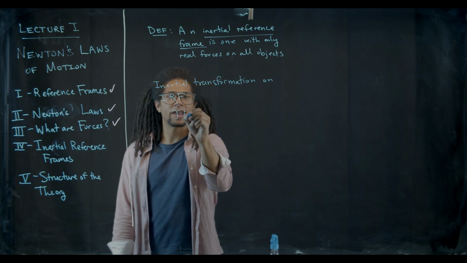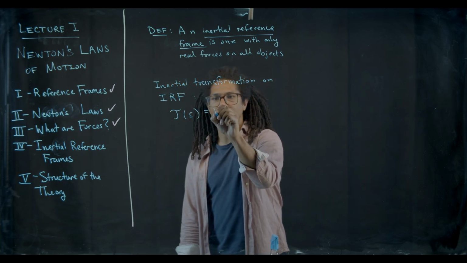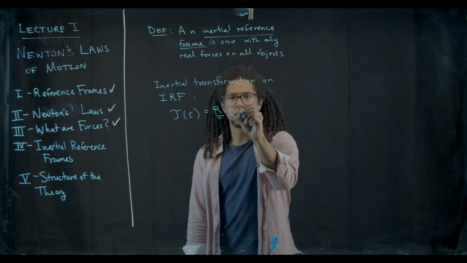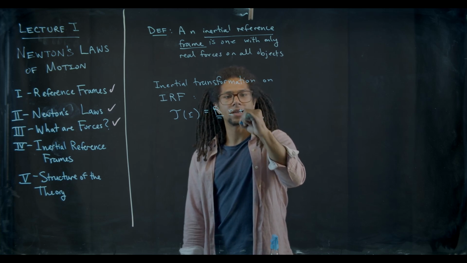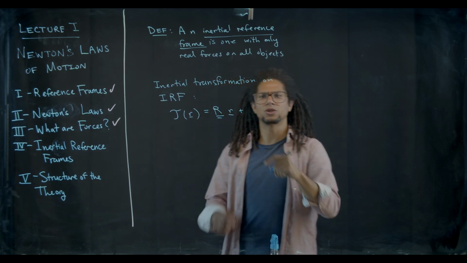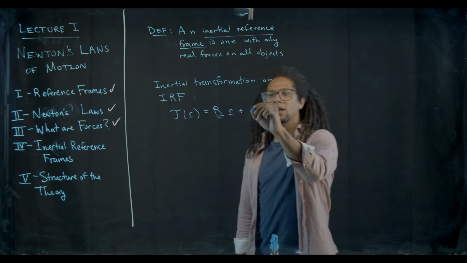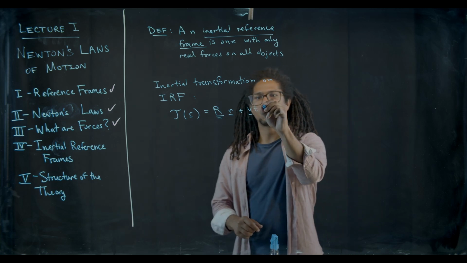Well, we know that the inertial transformation will have the form T of R is equal to matrix R times R plus C. And in fact, let's say plus, I think I used B here before, or V T plus C. Let me use V to remember that this is a velocity.